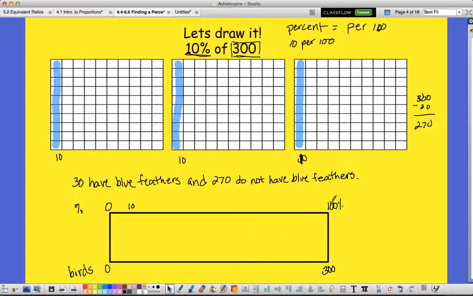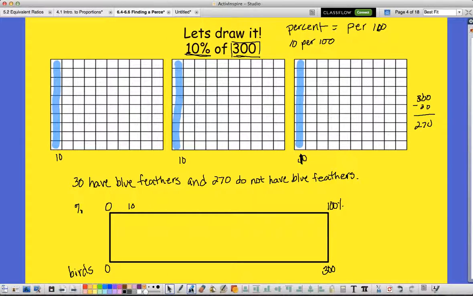If you count by 10, you can get to 100. This isn't always going to be the case. Sometimes you're going to have to count by 20s, 5s, 2s, whatever the case may be, but you have to find a number that is going to get you the percentage up here. It's going to count to the 100%, and it's also going to be a factor of 300.